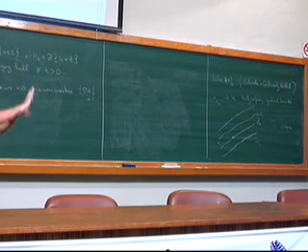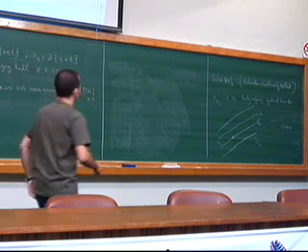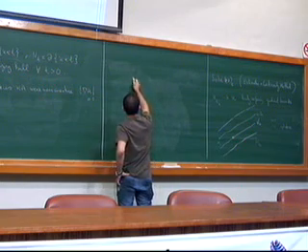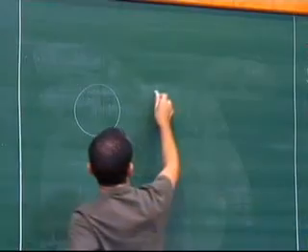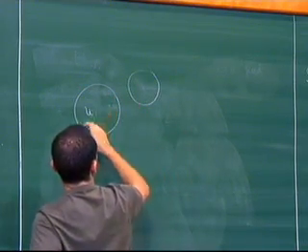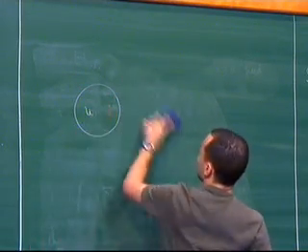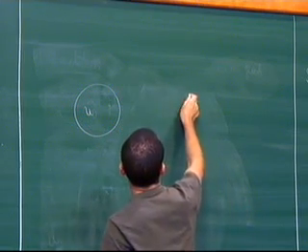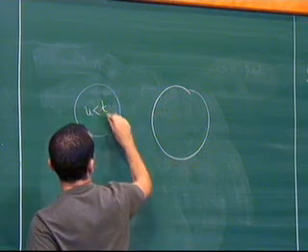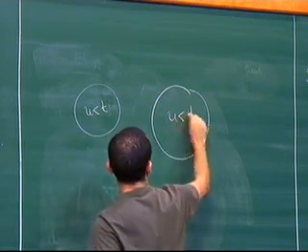So you have two balls as the sub-level sets. So at some point, your sub-level set will be made of two spheres. So here u is less than t, and u is less than t here.